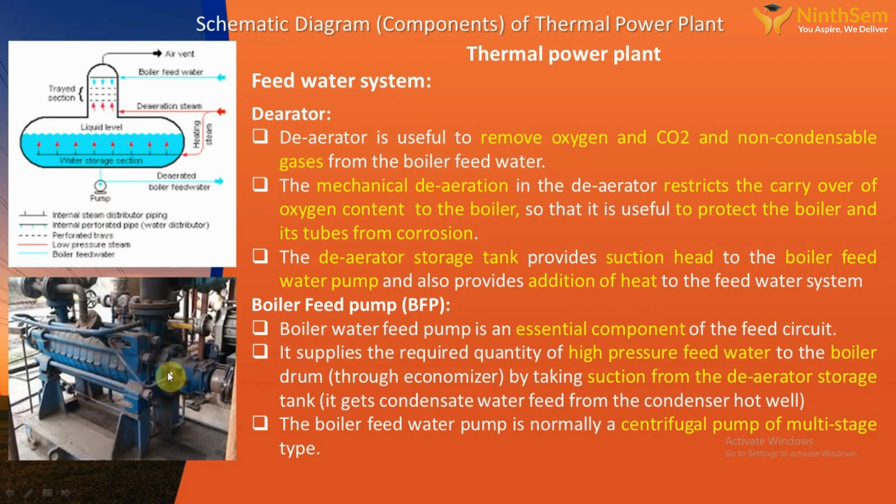It supplies the required quantity of high pressure feed water to the boiler drum by taking suction from the deaerator storage tank. The water coming from the deaerator is originally from the condenser hot well. The boiler feed water pump is normally a multi-stage centrifugal pump. So these are the high pressure feed water pumps.